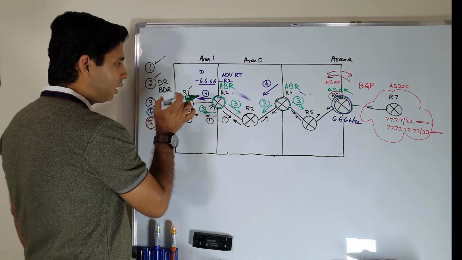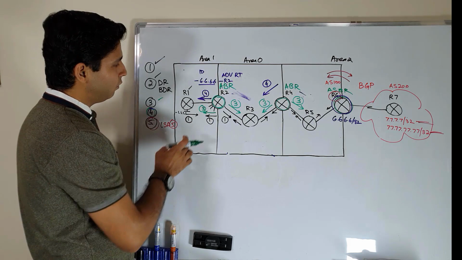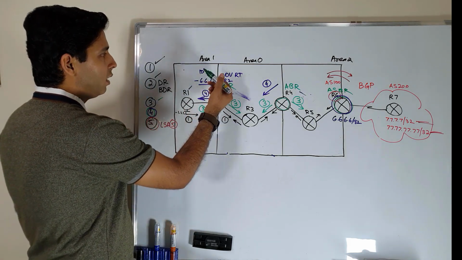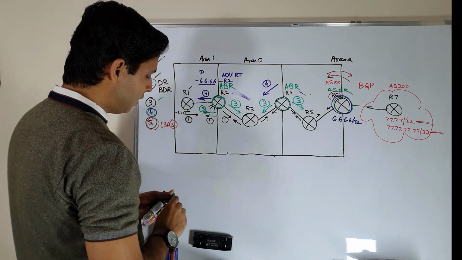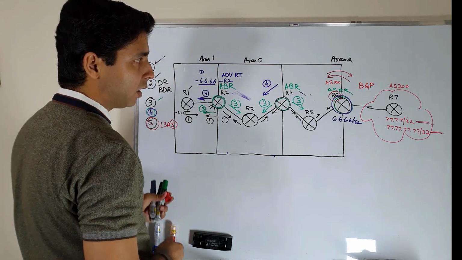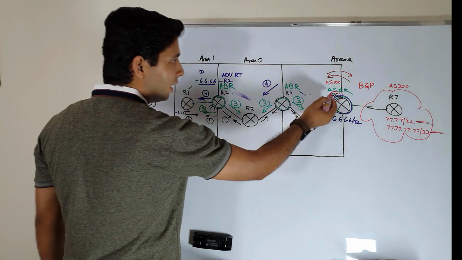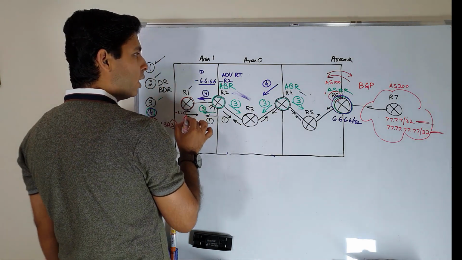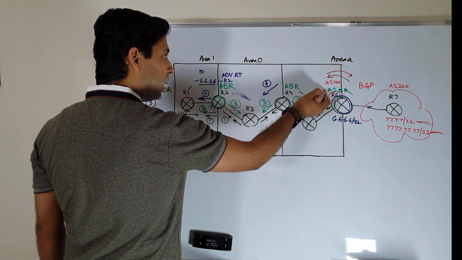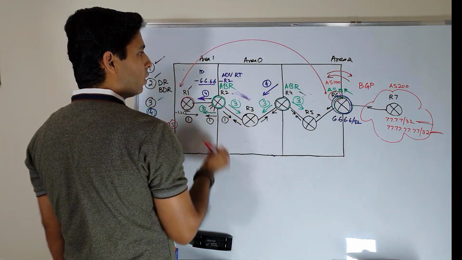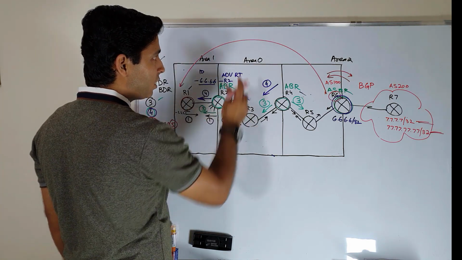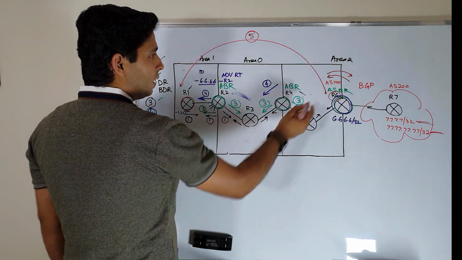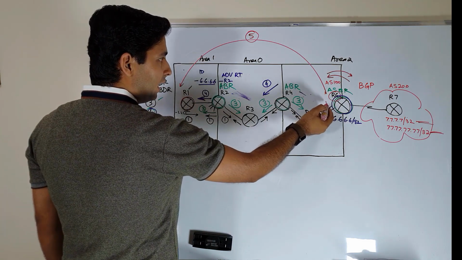All the LSAs which have reached R1 will be generated by the ABR, whether it's type 1, type 3, or type 4. But type 5 is a special type of LSA which is generated directly by the ASBR. When you do show ip ospf database here, you will see that the advertising router is this router directly. This is the main difference between type 5 LSA and type 3 and 4 LSA, because type 5 is generated directly by the ASBR.